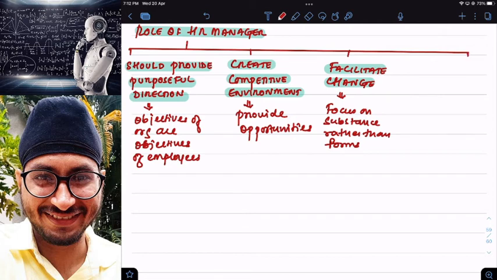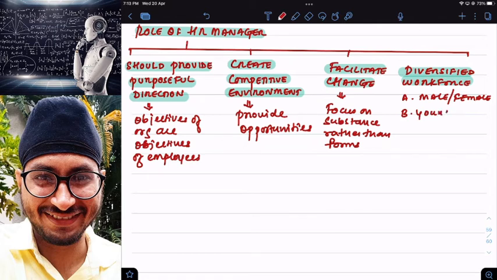Then we have diversified workforce. Now, sir, what do we mean by diversified workforce? Let us say, for example, there are different types of employees, like male and female employees. Then young and old employees.